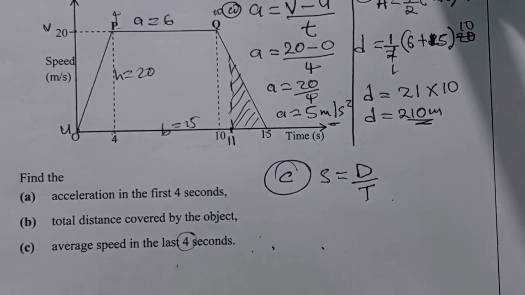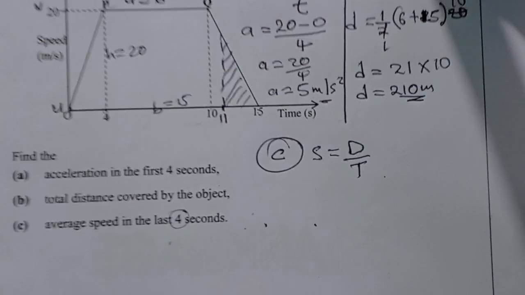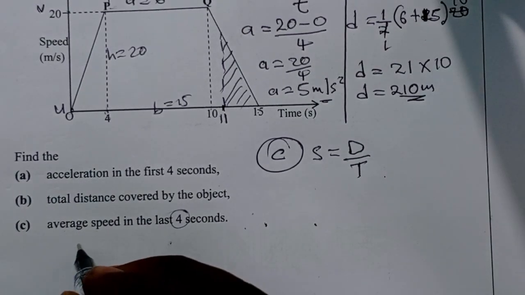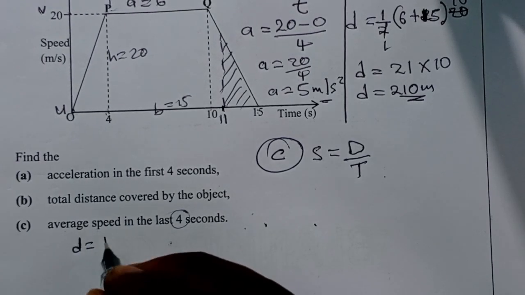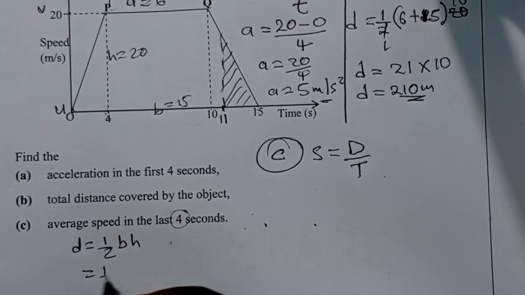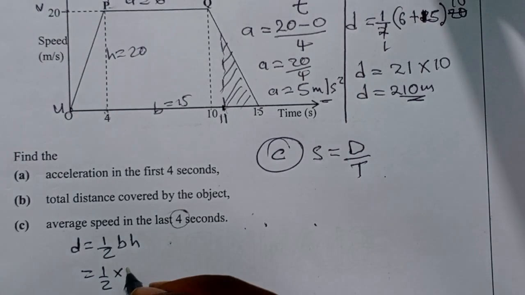So the area of a triangle, let's calculate it together. Let's calculate distance. The area of a triangle is half base times height. The base we have from here to there, it is 4.